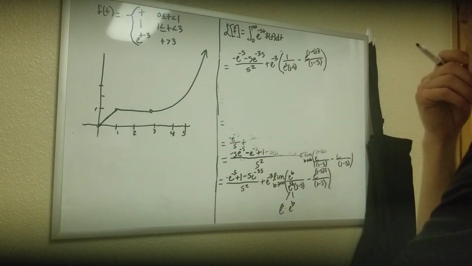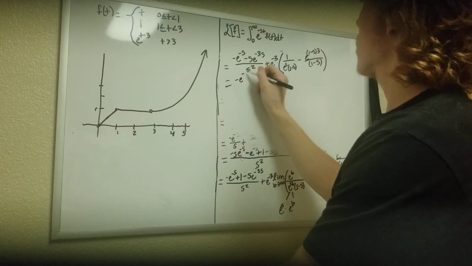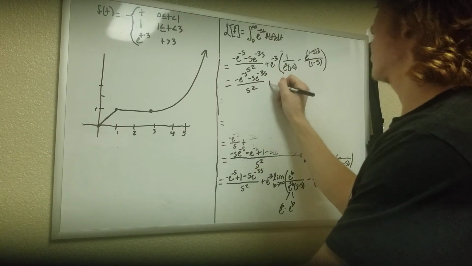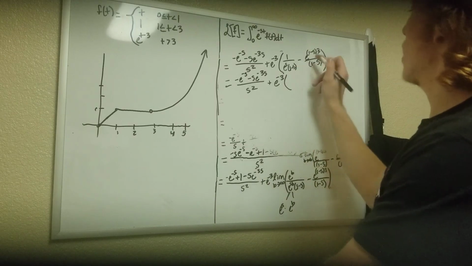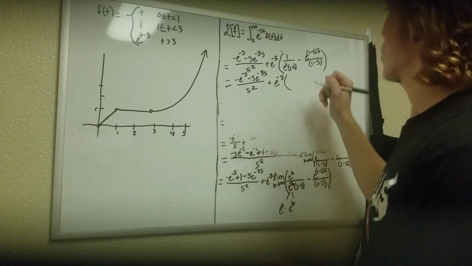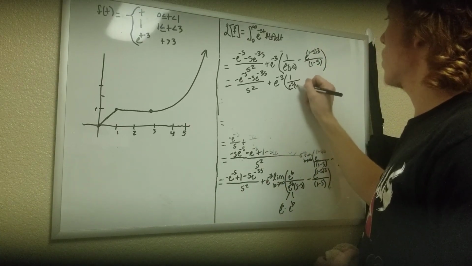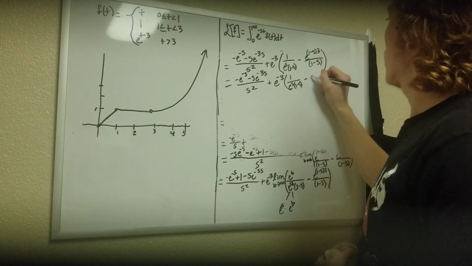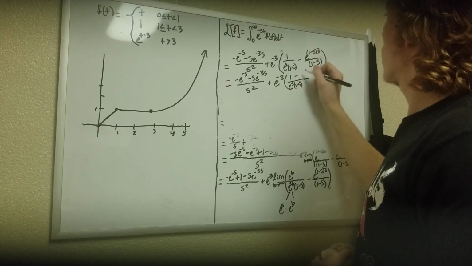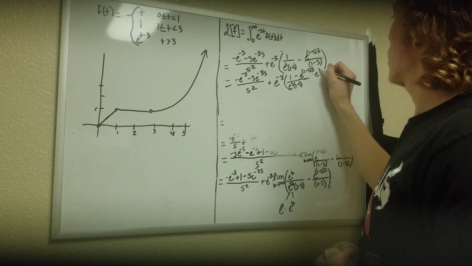Now the only difficulty here is simplifying. So negative e to the negative s minus s e to the negative 3s over s squared plus e to the negative 3. And I'm going to combine these two fractions by multiplying each of these by 1, essentially. Or at least this term right here. So we get 1 over e to the s, 1 minus s, minus e to the 1 minus s times 3 times e to the s.